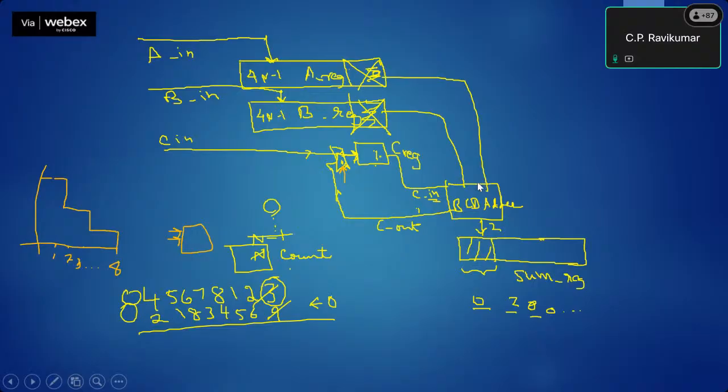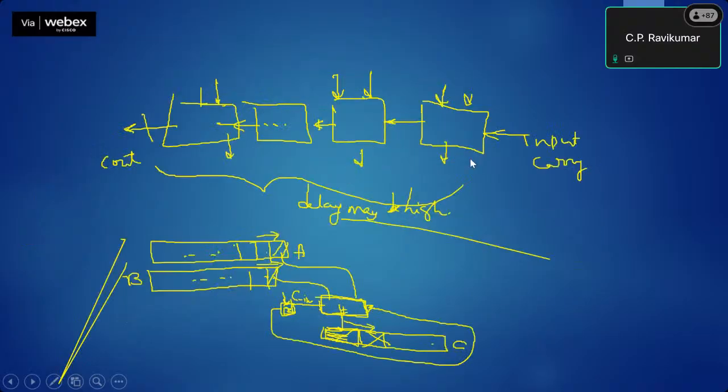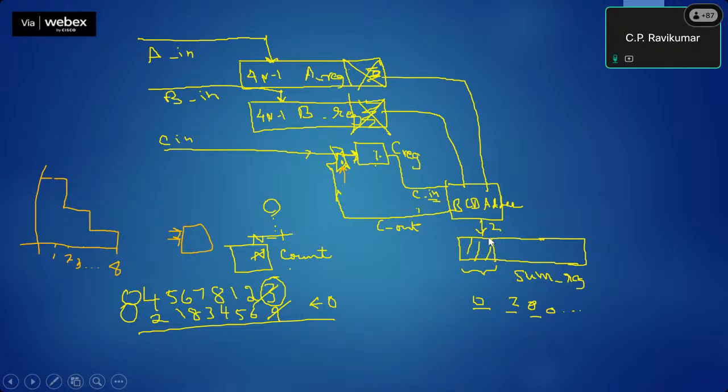So this is one extreme, which is fully combinational, and this is the other extreme, which is fully serial. So something in between might be better. And that we'll know only when we actually do the synthesis and see the actual result. It's not easy.